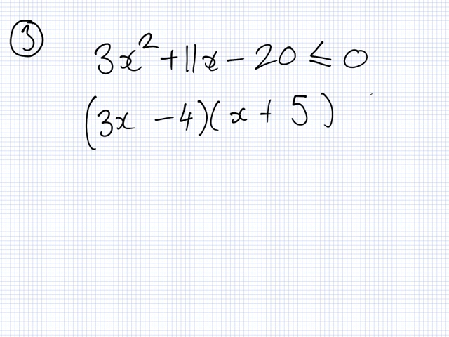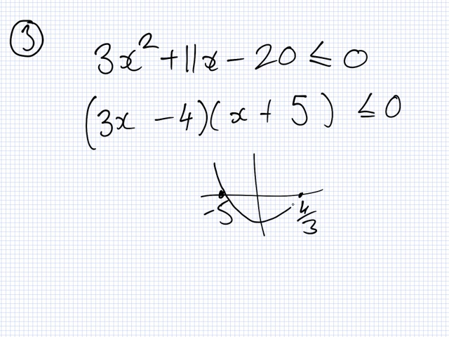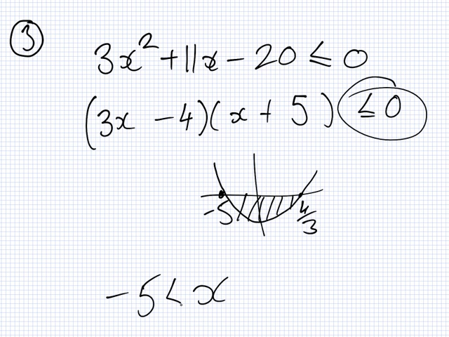Yeah. Okay. This is minus 5. This is 4 over 3. We have this shape. We have less than, so underneath the answer is x is between minus 5 and 4 over 3. Probably took you less than 4 minutes to do the first one here.